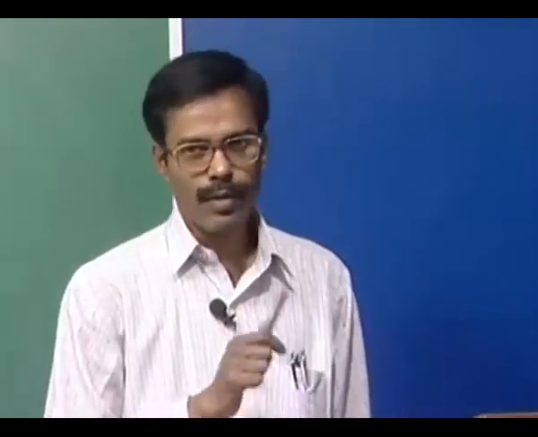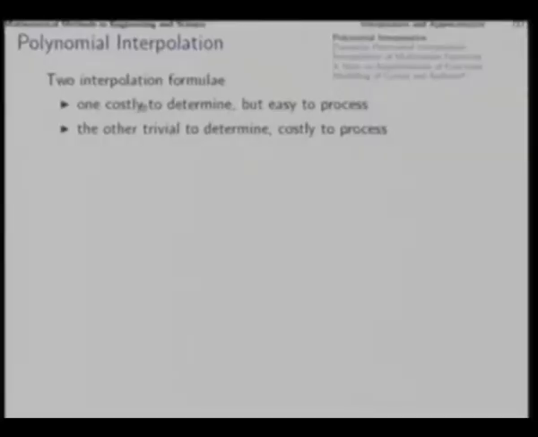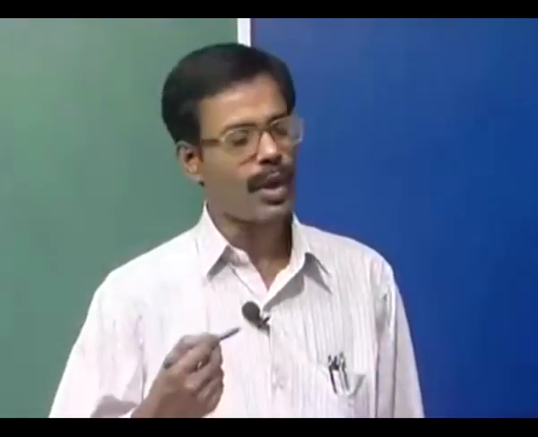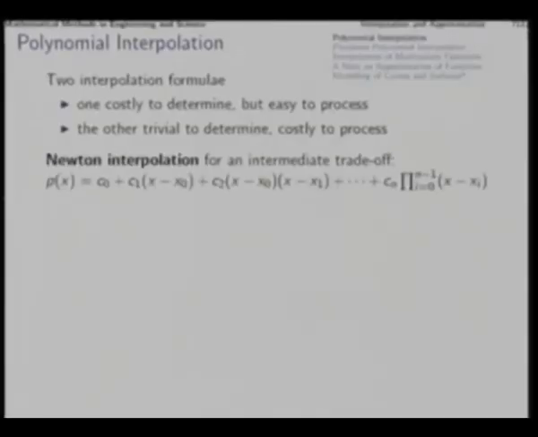If you want a methodology which is not so costly to determine and, on the other side, not so costly to process, you have an intermediate case also, that is the Newton interpolation, which is an intermediate trade off.